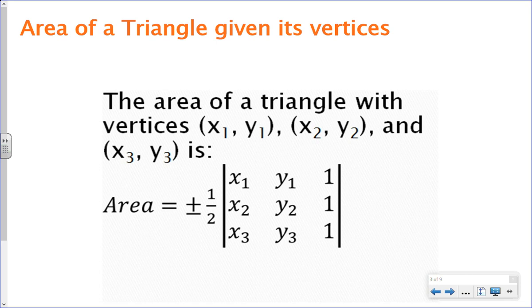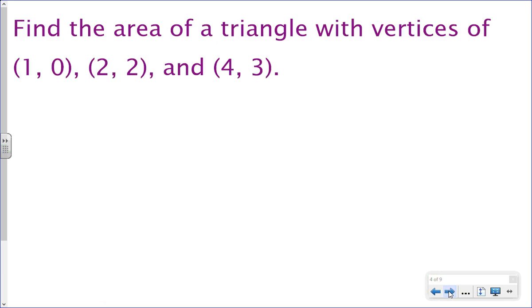Okay. So please go ahead and write down these three coordinates, and then we're going to find the area of the triangle. So our coordinates are (1, 0), (2, 2), and (4, 3).